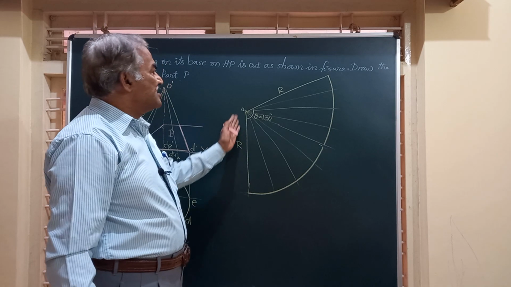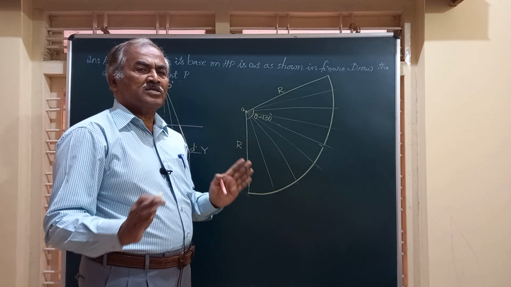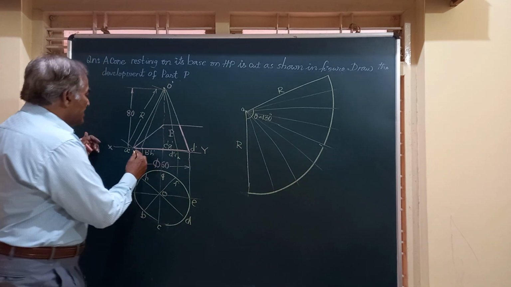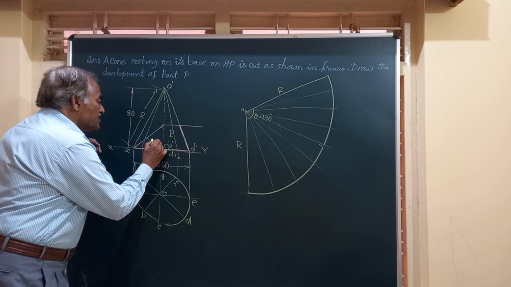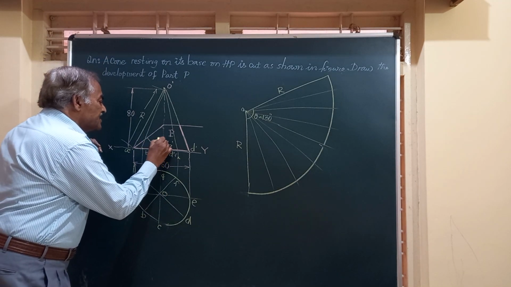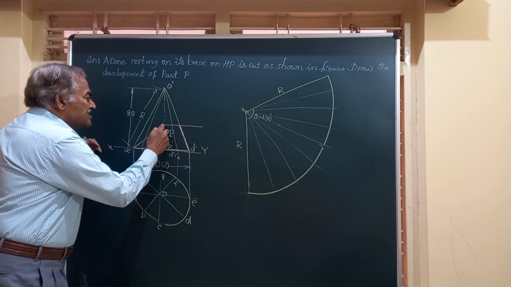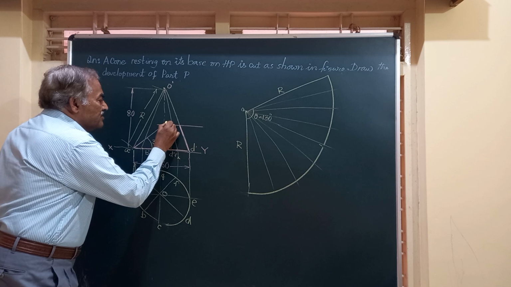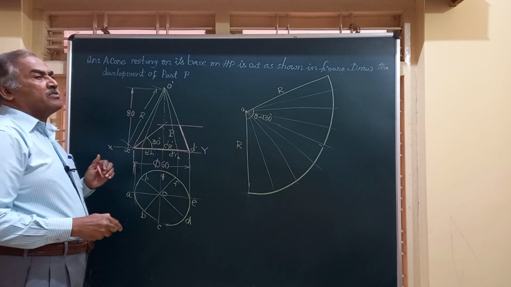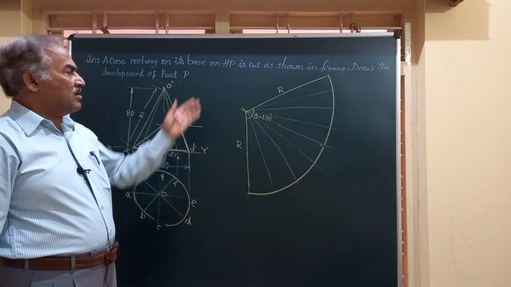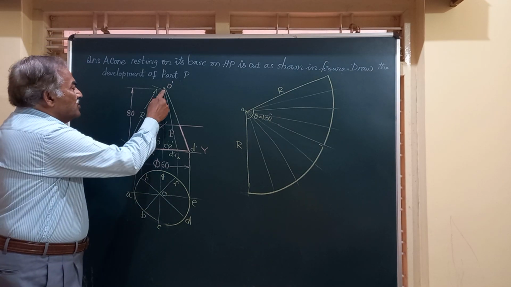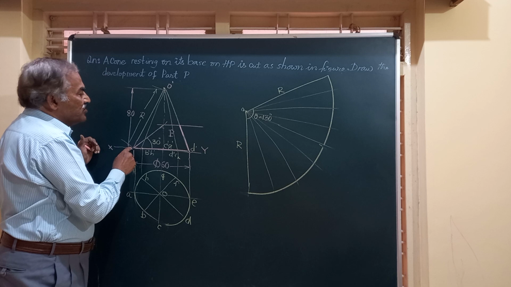This is the development without the cone being cut by any section plane. Now we can assume one section plane at 30 degrees, and another section plane, both intersecting at the midpoint of the axis of the cone. If you observe the front view, O dash A dash is removed.